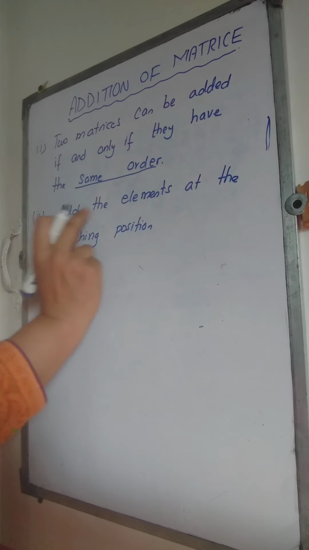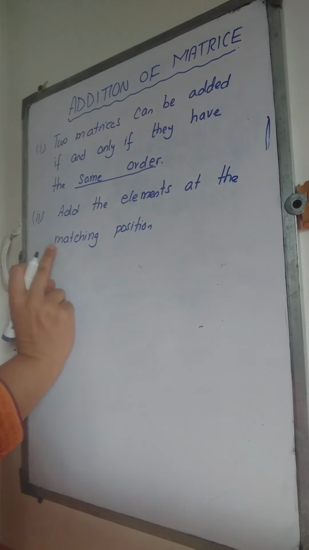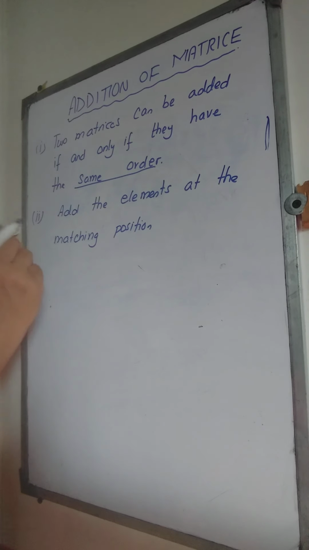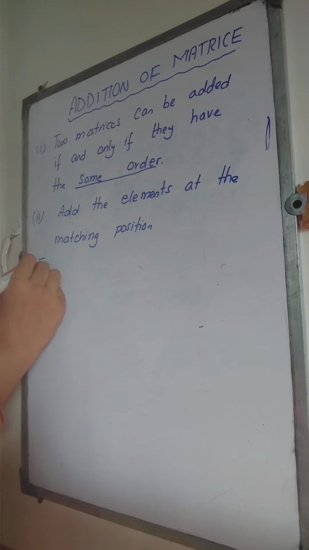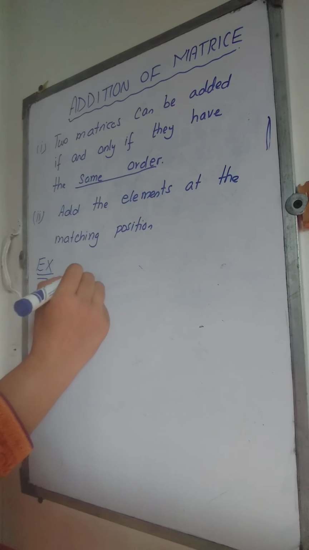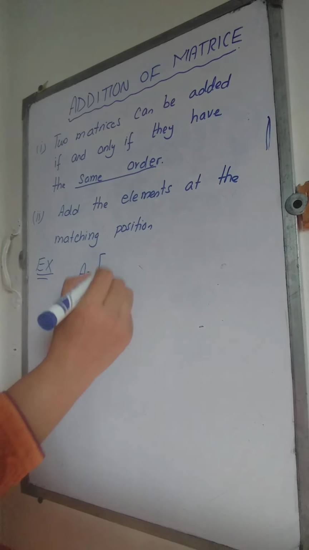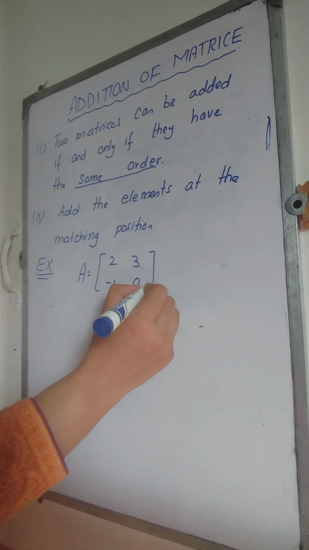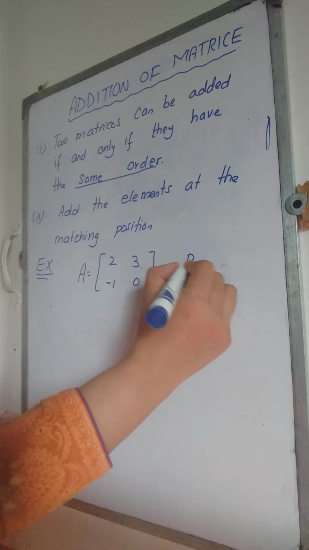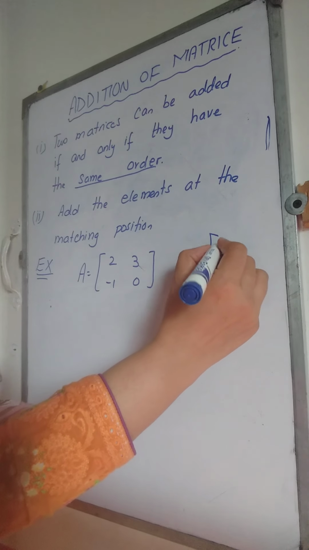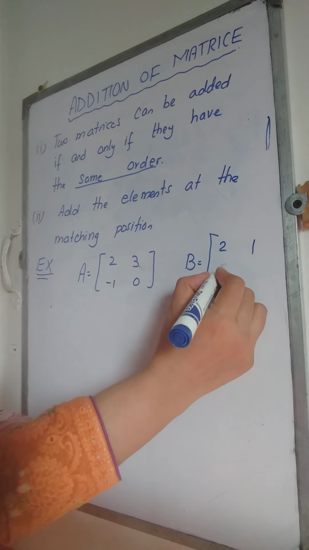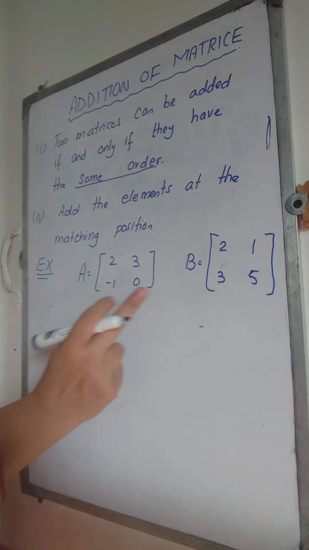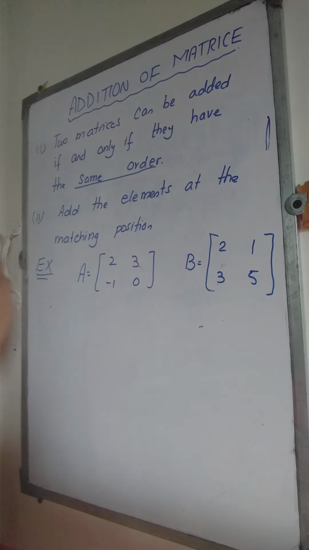Okay, so we add only those elements which are at the matching position, which means which are at the same position. For example, suppose you have the matrix 2, 3, -1 and 0. Okay, and we want to add it to the matrix 2, 1, 3, 5. Okay, we want to add these two matrices.